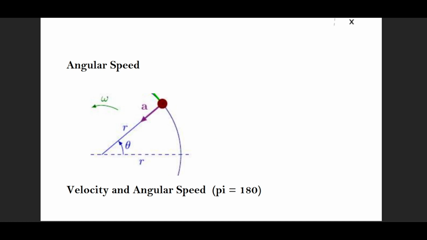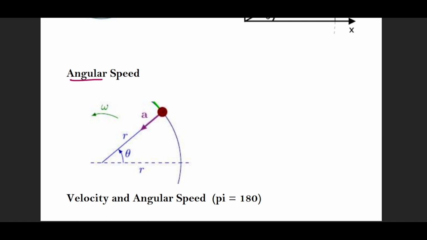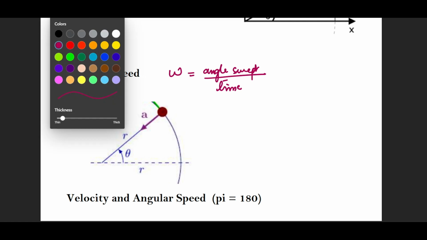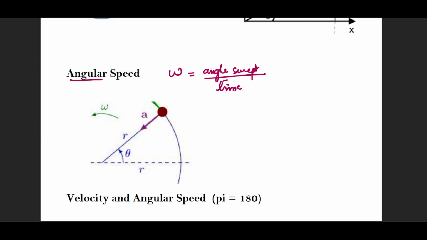Angular speed, as the name suggests, only tells us how much angle is being swept. So angular speed is represented by the sign omega, which is a w, equals the angle swept or covered divided by the time taken for that angle to be covered. Now, if we go back to O levels or even smaller grades, this could be degrees per second, but we don't work with degrees anymore.